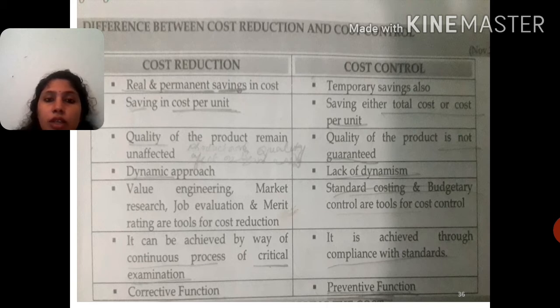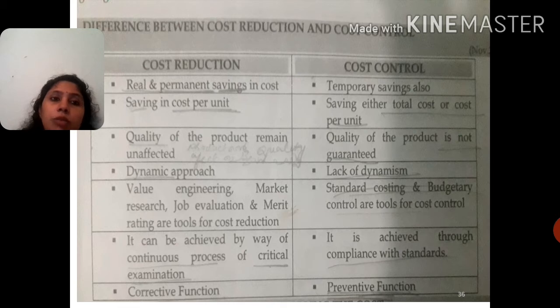We can consider market variations. We can value the job and make necessary changes in our production process, and we can reduce the cost. Merit rating is also another tool for the reduction of cost.